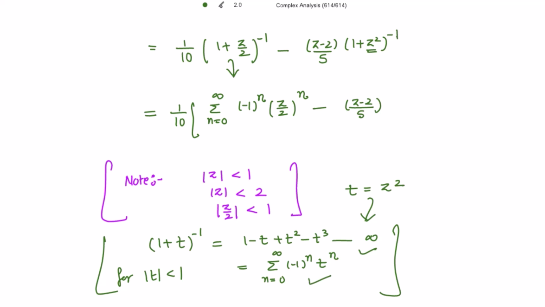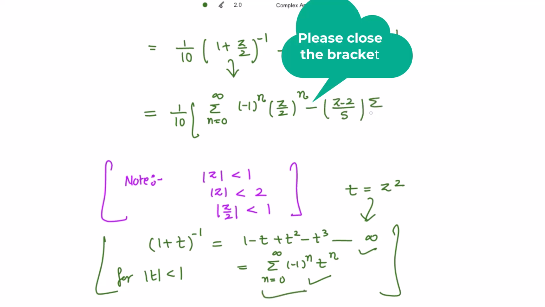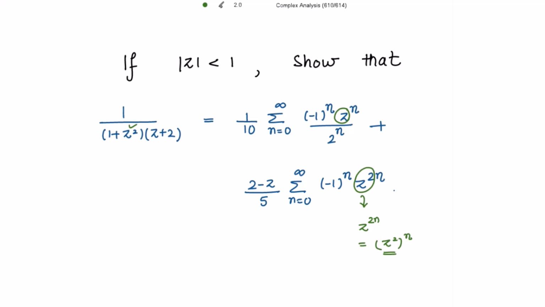So just replace t with z square for writing this summation. So it is the summation n going from 0 to infinity minus 1 to the power n into t to the power n, t is z squared. So it is z squared to the power n, that is z to the power 2n. So hence we have proved this result. Okay, thank you. Stay blessed.